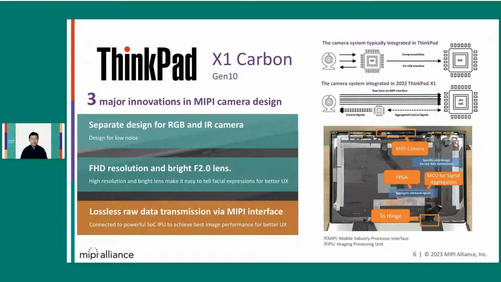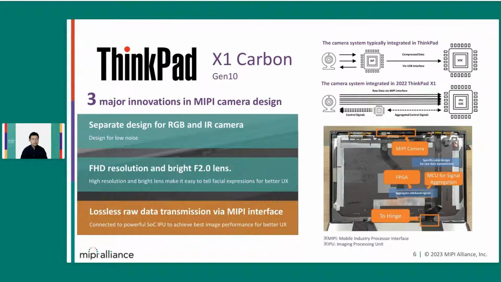Also for the lens and image sensor resolution, we chose FHD, and nowadays we even go further. Traditionally we used tiny HD sensors, and here we introduced Full HD resolution and a bright F2.0 lens.